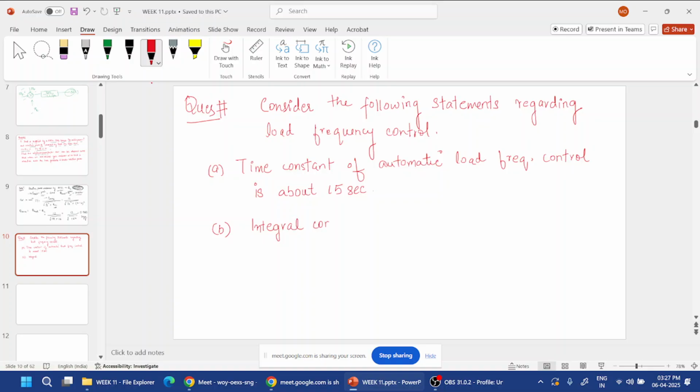B. Integral control eliminates static frequency drop.